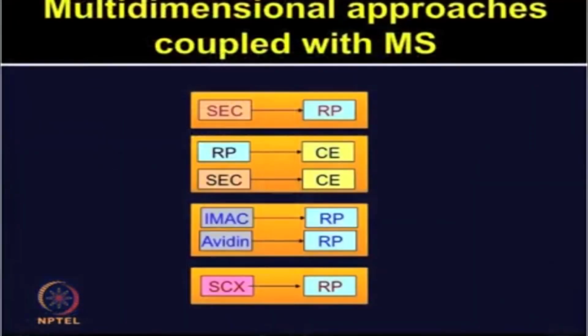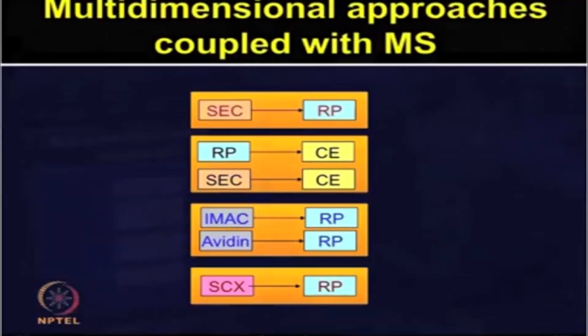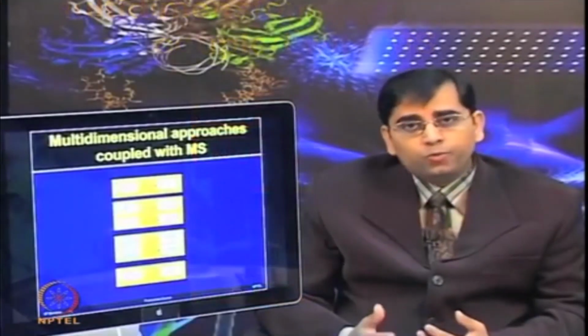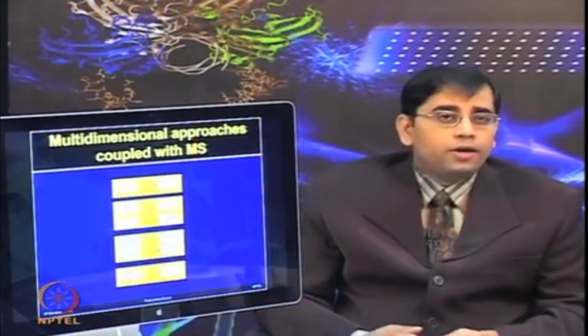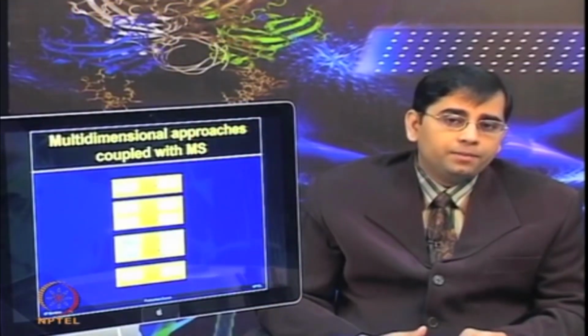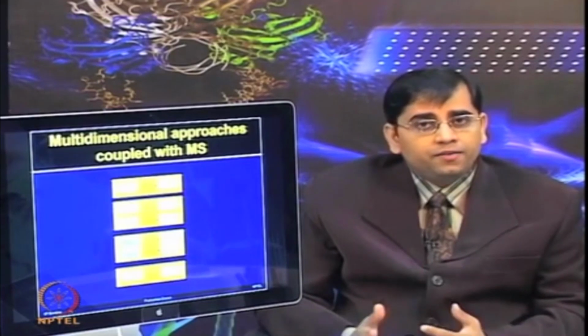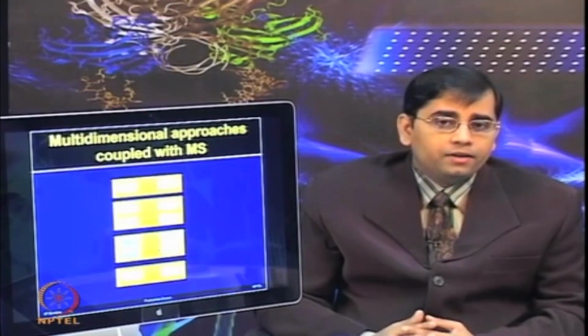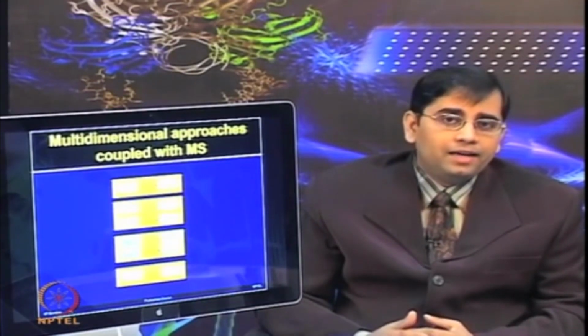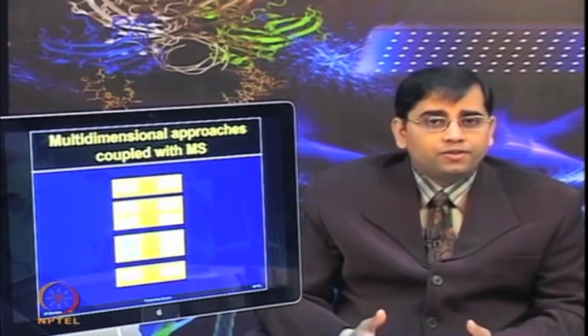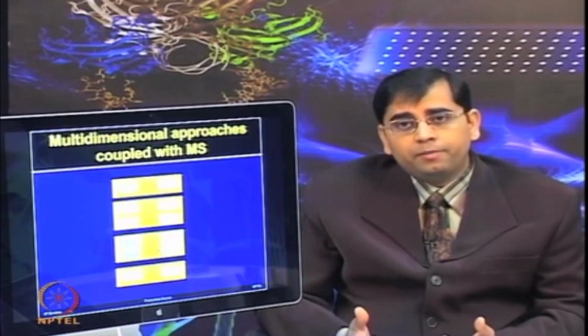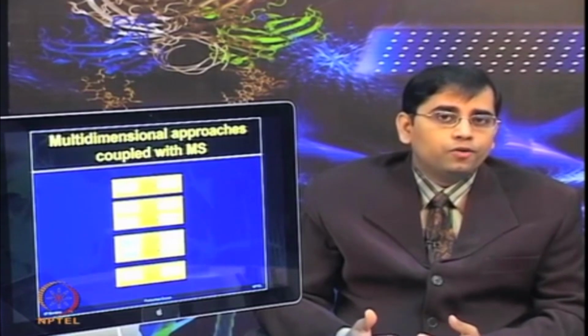A third combination, using affinity chromatography as the first separation followed by reverse phase, has been used. But what is most popular is strong cation exchange separation in the first dimension followed by reverse phase chromatography in the second dimension.